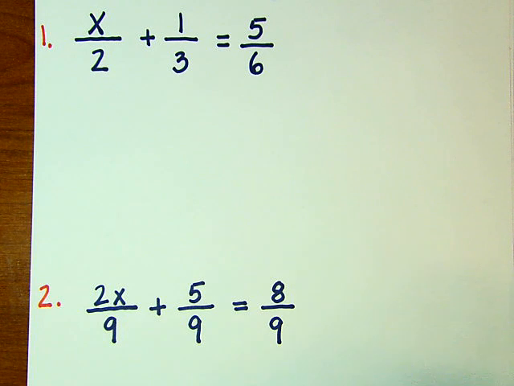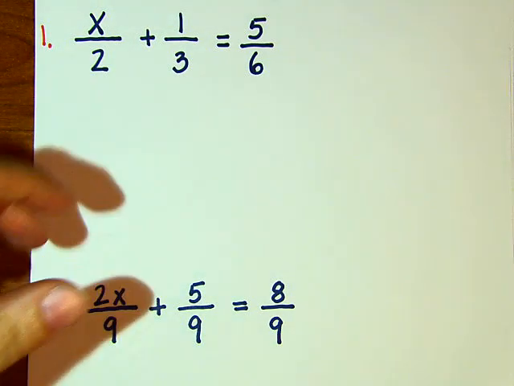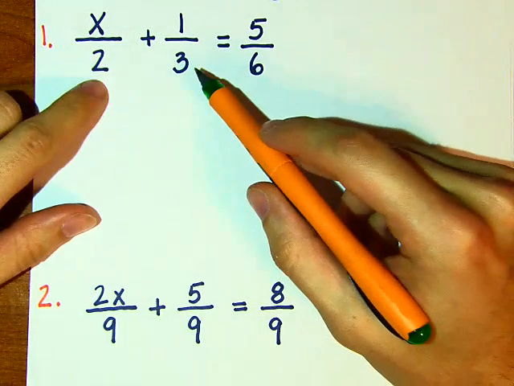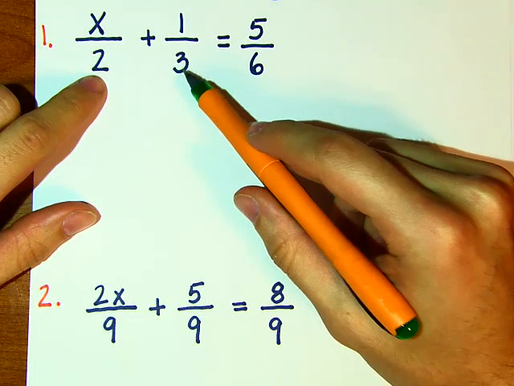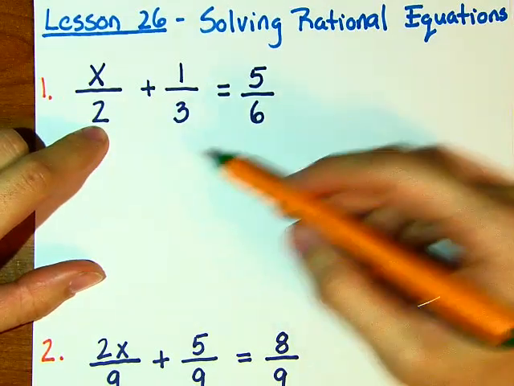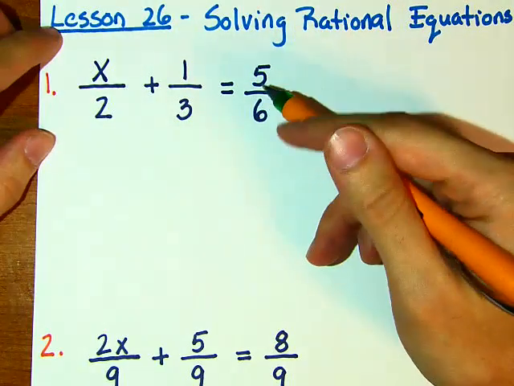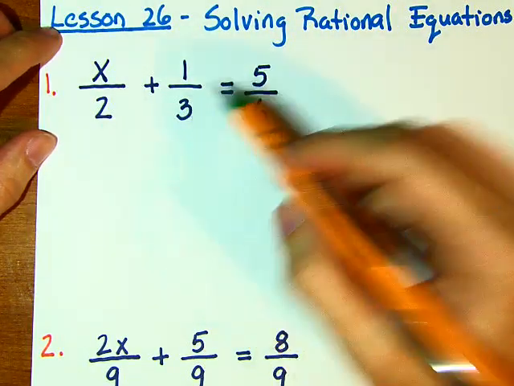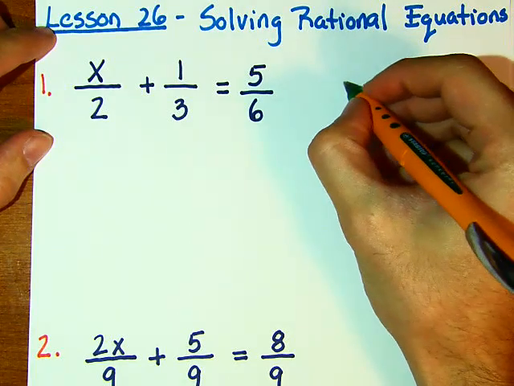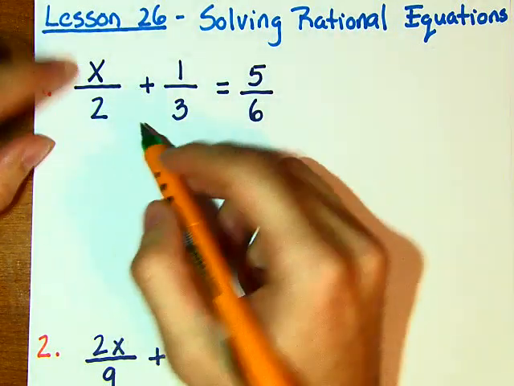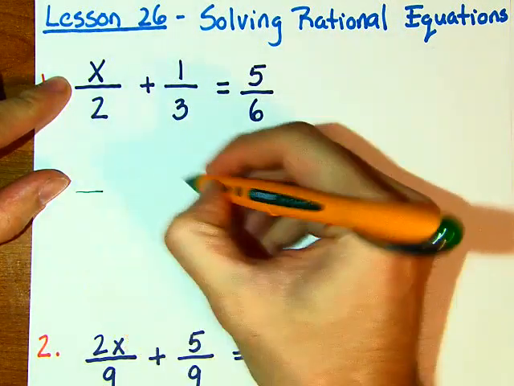Now, how can we get x by itself? That is the game plan. Well, here, remember, we have two different denominators, and somehow we want to combine these two, right? We want to make our life much simpler. So here, if we have 2 and 3 as a denominator, the game plan is always to change these two so they have the same denominator.